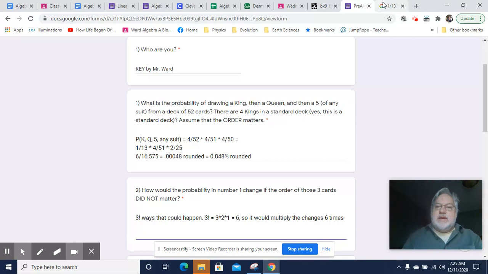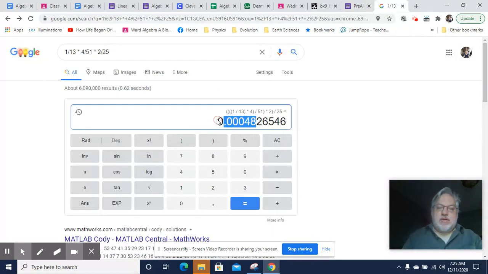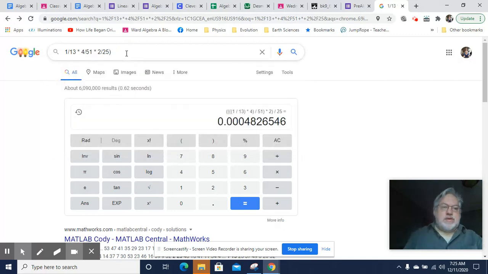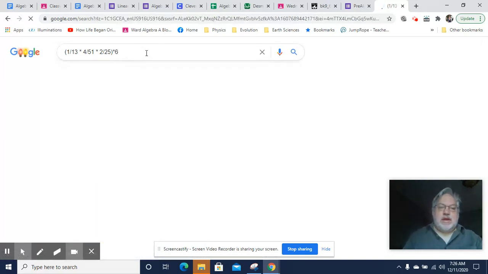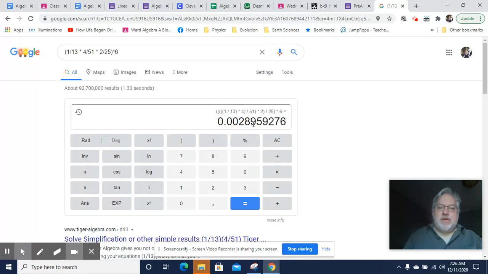So we go back into here, and we take this number, and we would multiply it times 6. So I'm going to put parentheses around all of this, and we'll multiply that times 6. And we will get a new number, 0.002895. So if we round it, we get 0.0029, rounded.